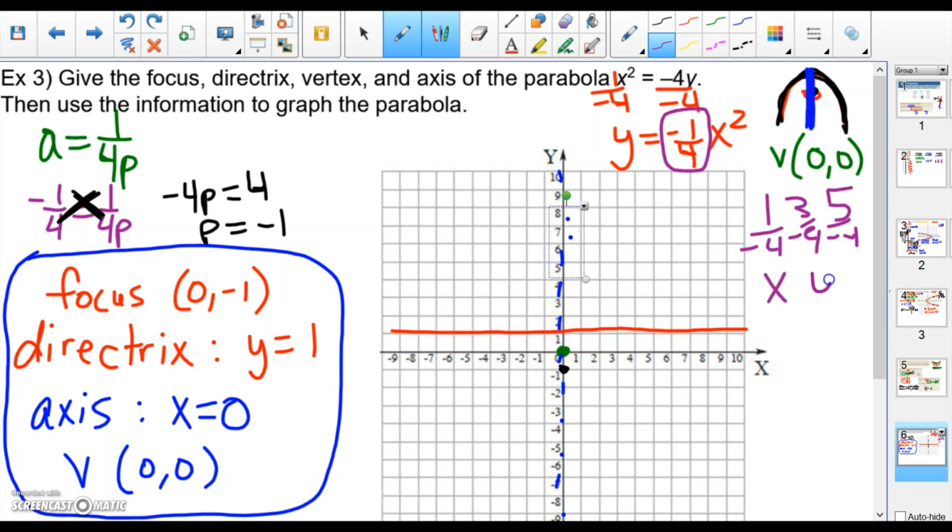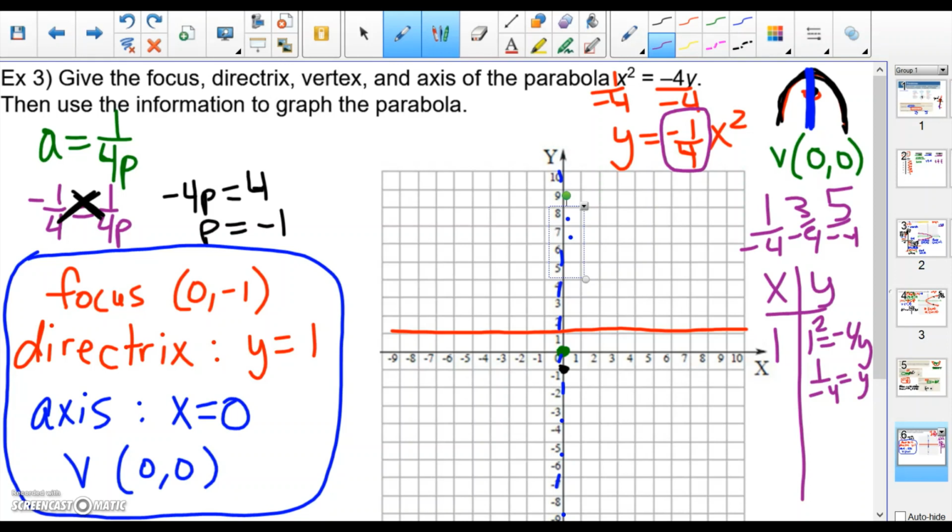So if I make a table, I might plug in, let's see, let's plug in x equals 1. So if I plugged in x equals 1, that would be 1 squared equals negative 4y. And so divide by, that's going to be 1, negative 1/4.